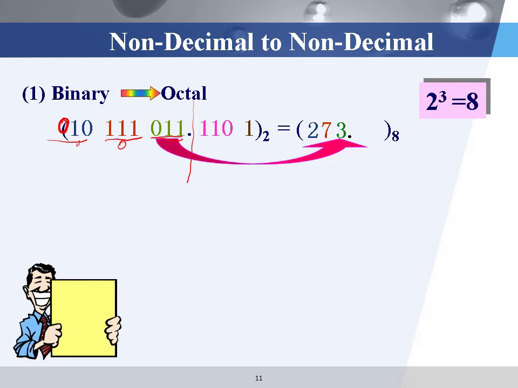And for the fractional part, we use the same approach. We also split the number into groups of 3 digits, but because this is the fractional part, we split the groups from left to right. This will be the first group. For the second group, we have to make it 3 digits, and currently we only have 1 digit left. So we are going to add some zeros, but without changing the value of the number.